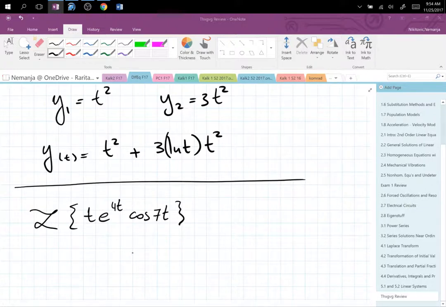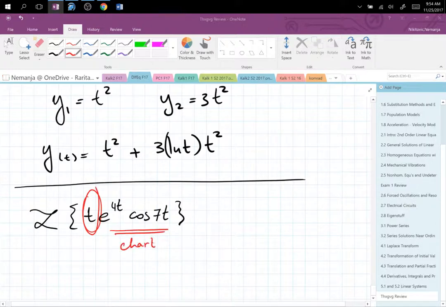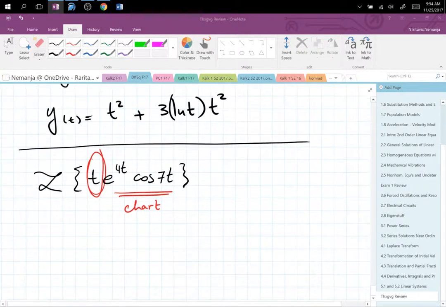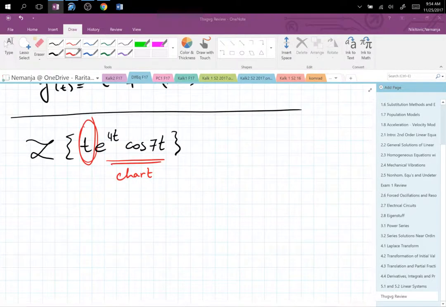So what you do here is you realize that you have t times something that is in a chart. And you are using the formula for the Laplace transform. Now this formula is given in the chart. Which color should I use to write the formula? Green.